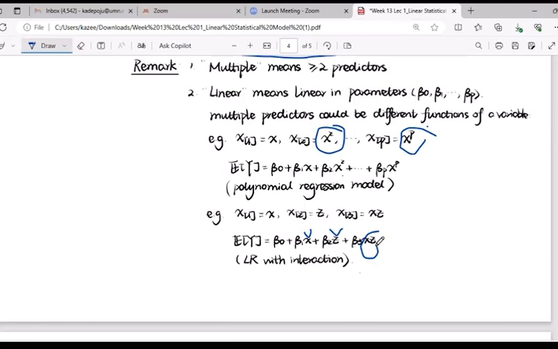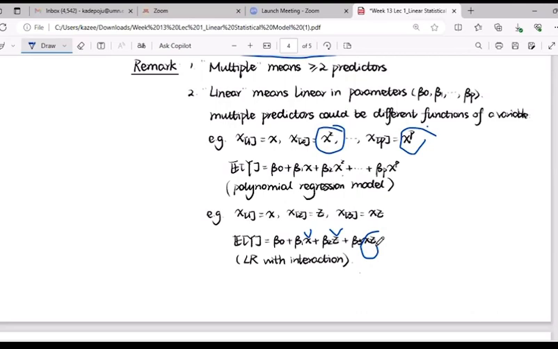Let's say, for instance, my Y represents my income, X represents years of education, and Z represents gender. Now we are going to consider interaction if the effect of X on Y is not consistent.